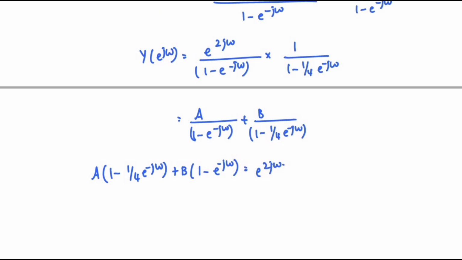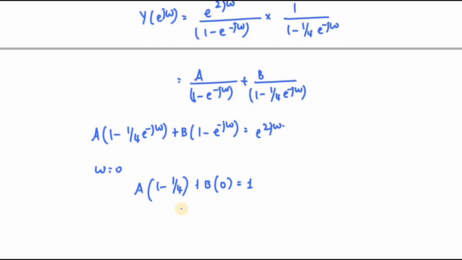If I substitute omega is equal to 0, I will get A times (1 minus 1 by 4) plus B times 0, which is 1.